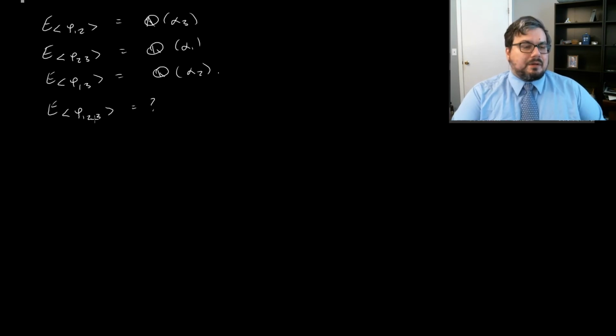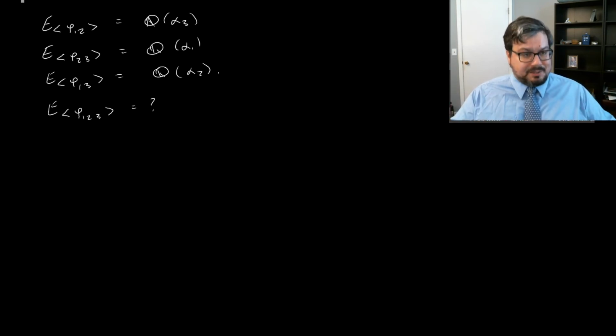Now, the automorphism phi 1,2,3 doesn't fix alpha 1, alpha 2, or alpha 3. However, we do know that this fixed field has to be something.